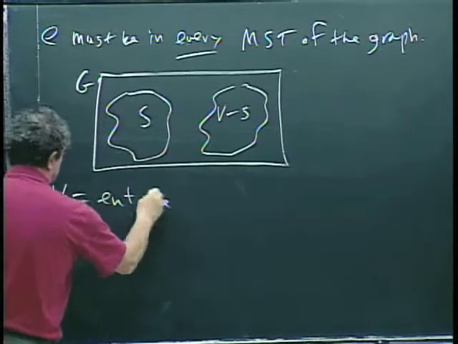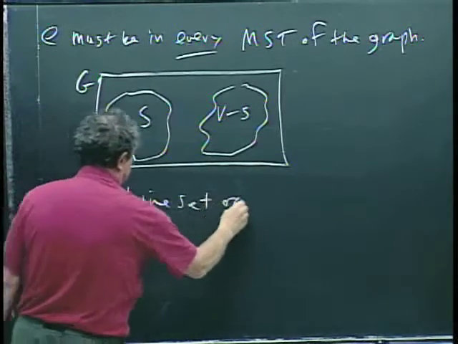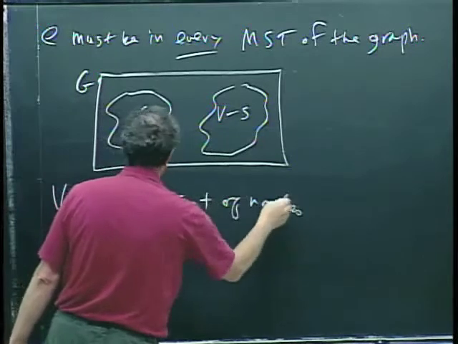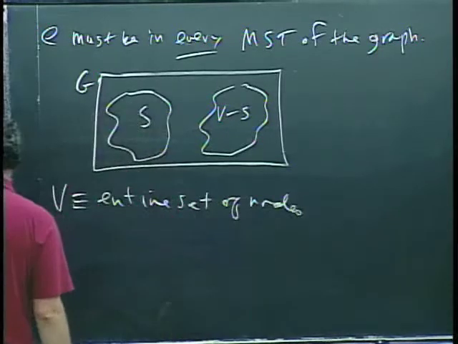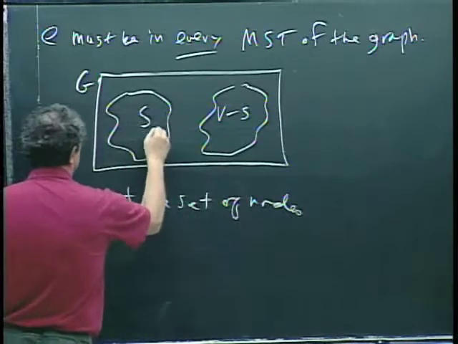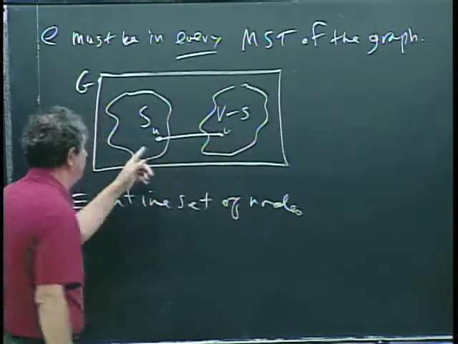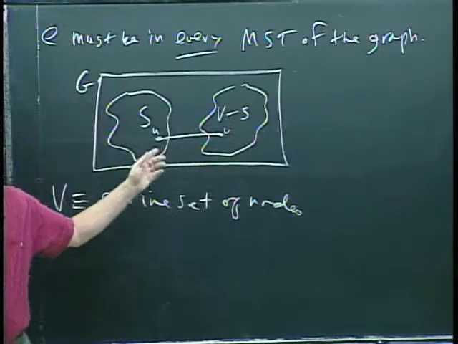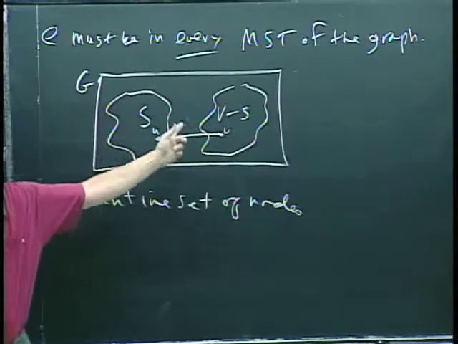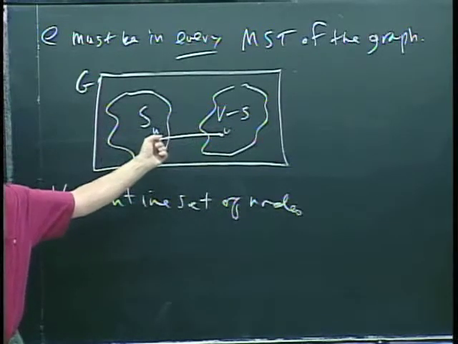And this edge E goes from a node labeled U to a node labeled V, where that crosses from the set S to the set V minus S.